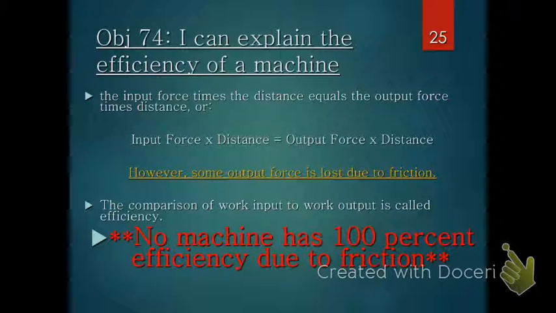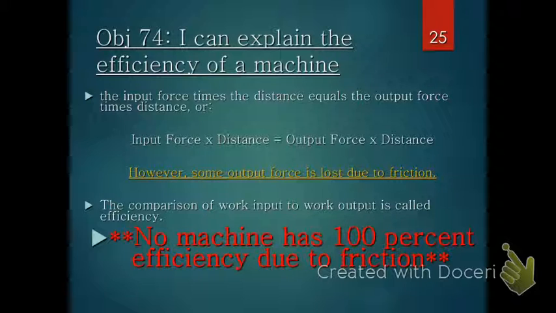No machine is 100% efficient, because a machine, as we know, consists of moving parts, and where things are in contact, there's friction. So you're always going to lose some force to friction, right?